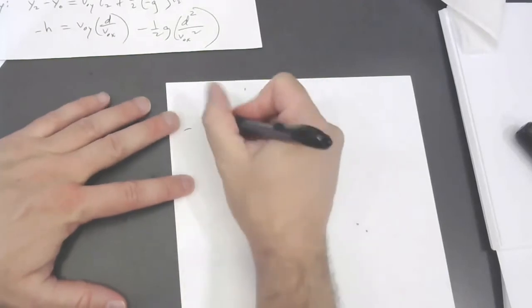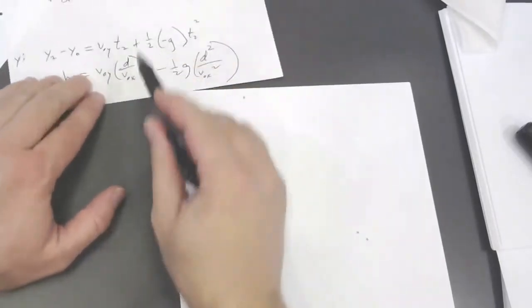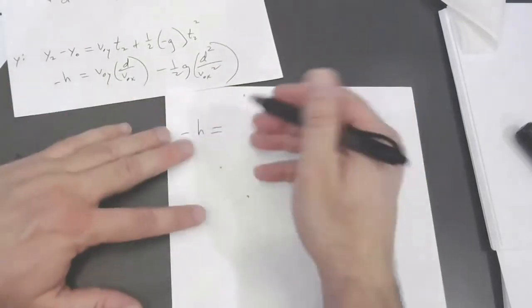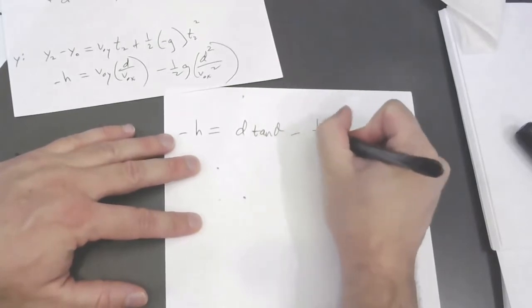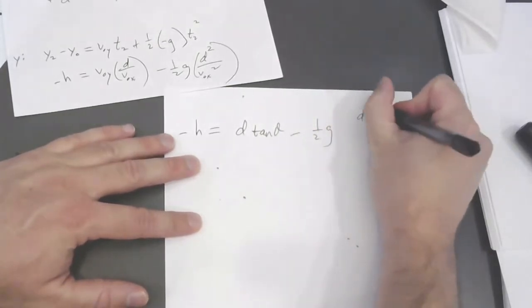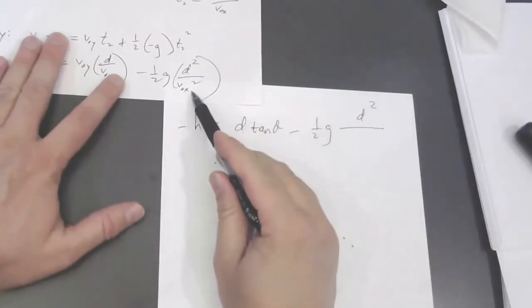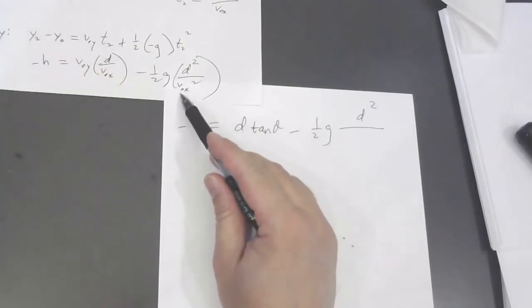Remember, it was given as 65 degrees. Okay. And let's see here. Negative h equals, this is really d times tangent theta. So I'll write it as d tan theta minus 1/2 g d squared over, now in the denominator, we have v naught x squared.